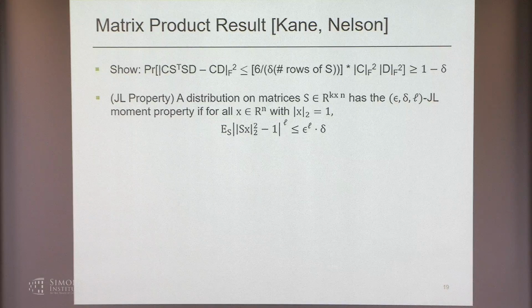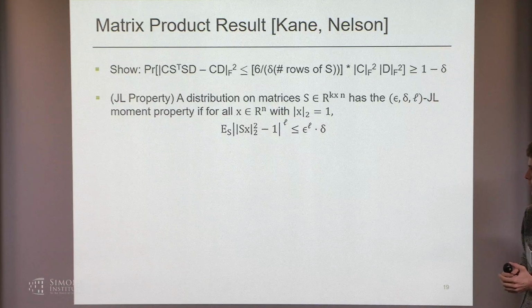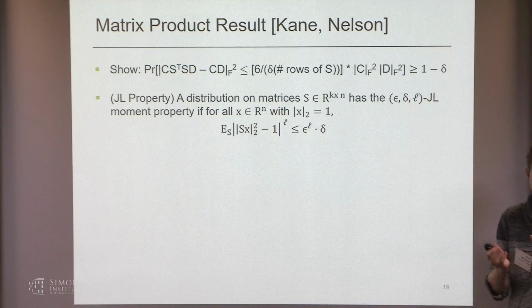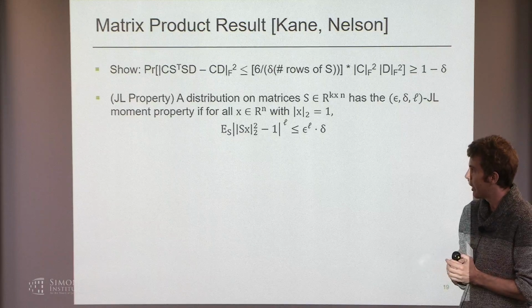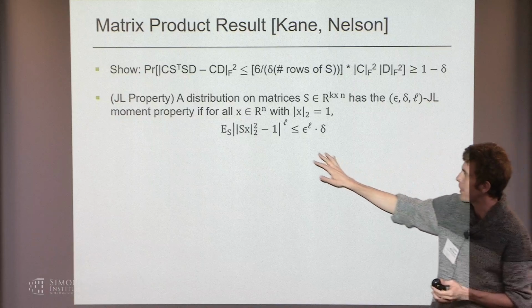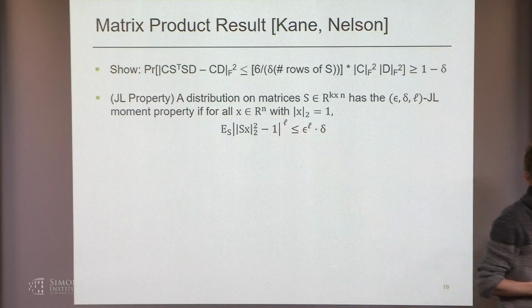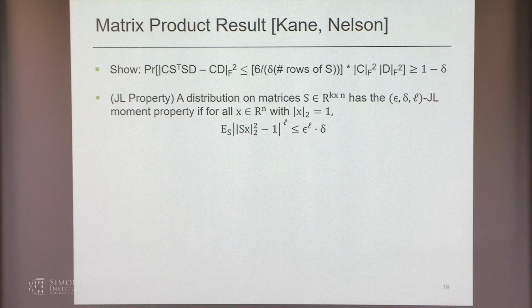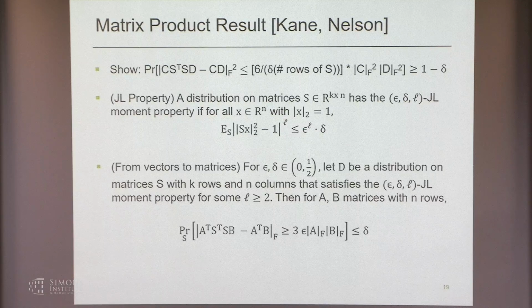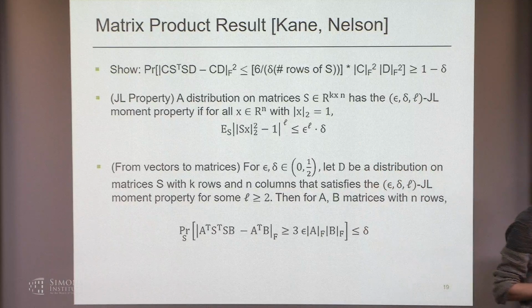So this is giving us some control over the higher order moments of length preservation, similar to what Ravi was talking about earlier. And this is just a statement about distributions of matrices applied to vectors x.